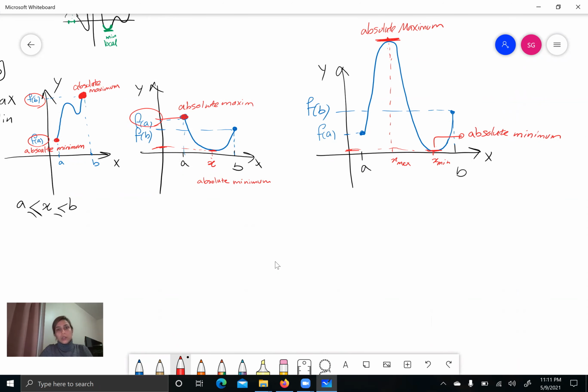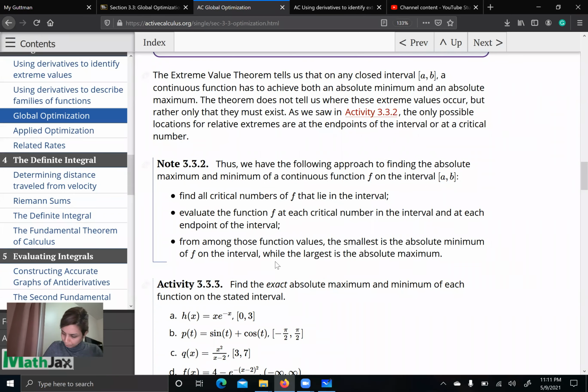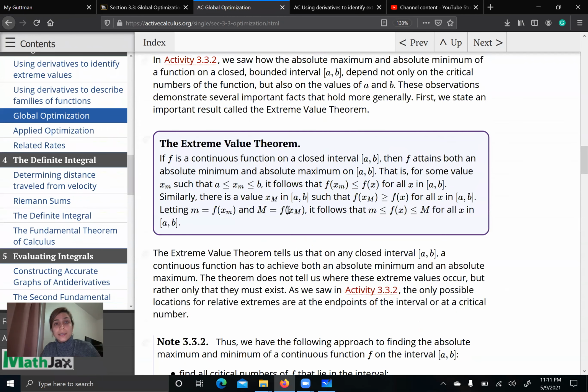So, here is the thing. This theorem tells us about existence. If you have a continuous function and you are looking at it over a closed interval, then definitely the absolute extreme values exist, but it doesn't tell you where they are or how to find them.